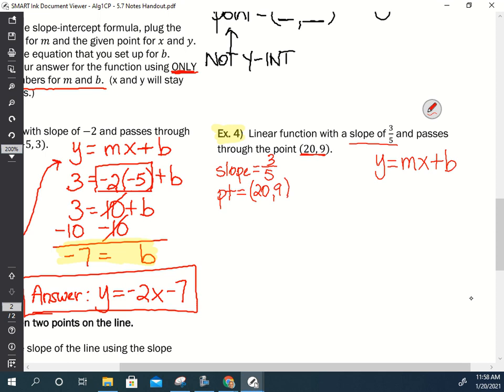PT is the same thing as point. So what are the three numbers that I know? I know the slope, I know the x, I know the y. So that means I don't know b.